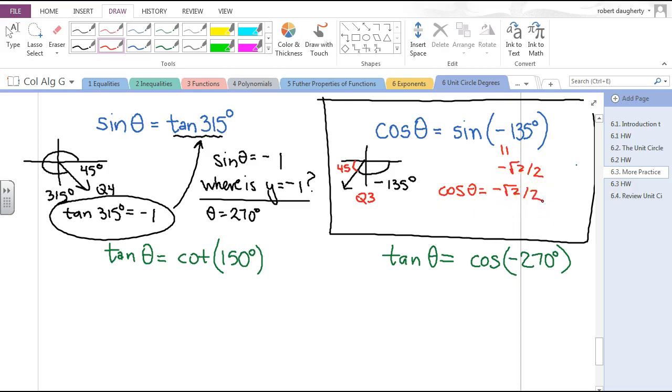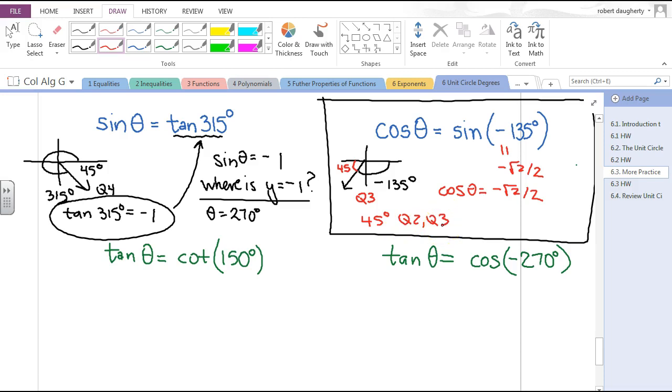What's the definition of cosine? X. Where is x equal to square root of 2 over 2? 45 degrees. It has a negative in front of it. Where is the cosine negative? Quadrants 2 and 3. So the answer is a 45-degree angle in quadrant 2 and quadrant 3.